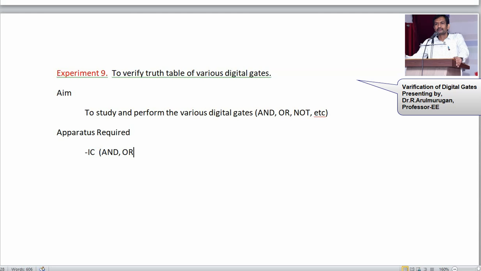It also needs a breadboard, an RPS power supply, a board for connections, and wires. Today I will perform this using the virtual laboratory, the V lab method, and I will show you the demo simulation.